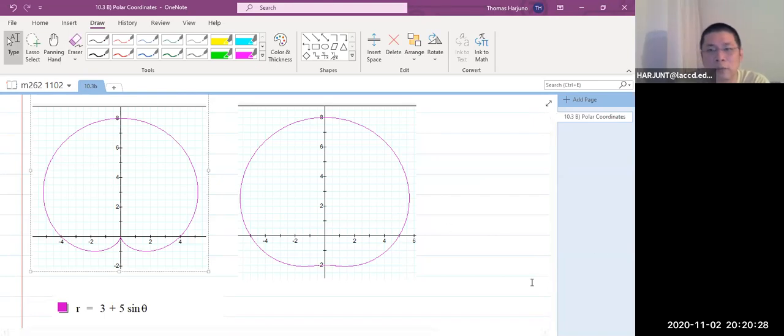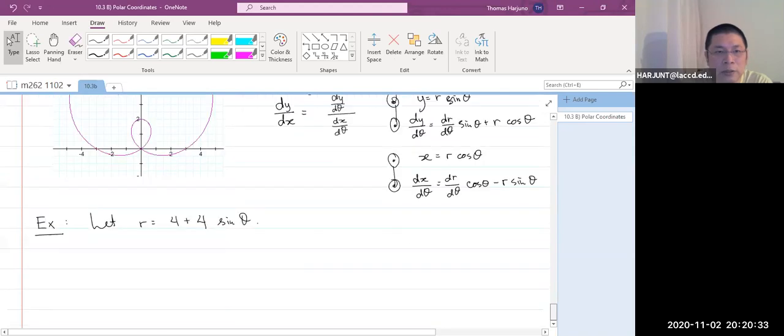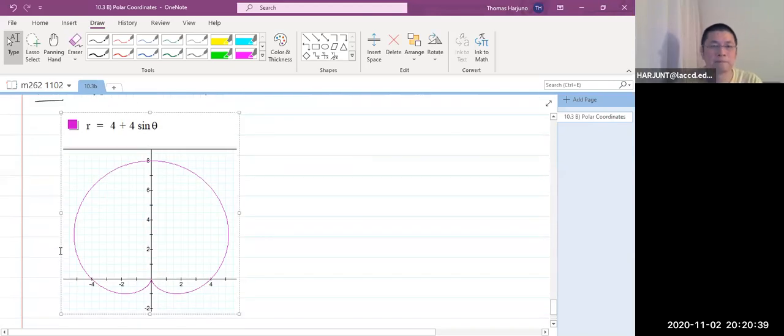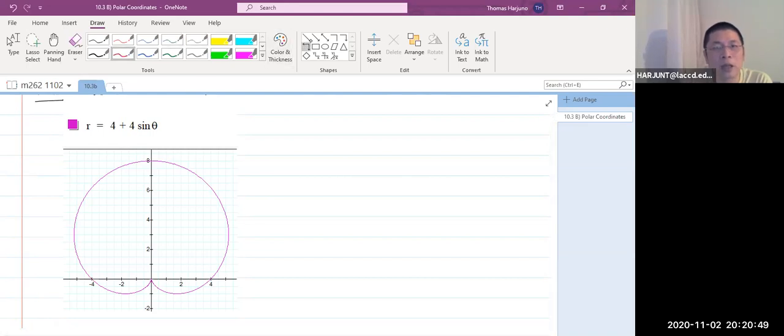Copy that downstairs. Now from here we see that it has a horizontal tangent line at theta equals pi over 2.